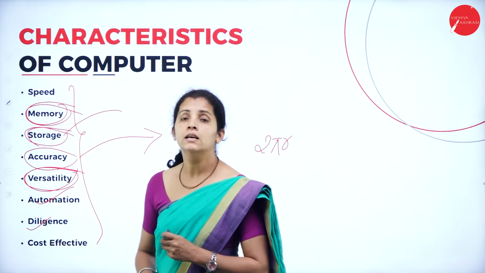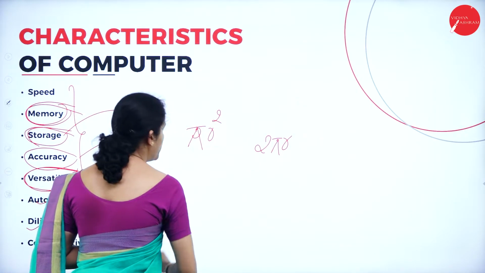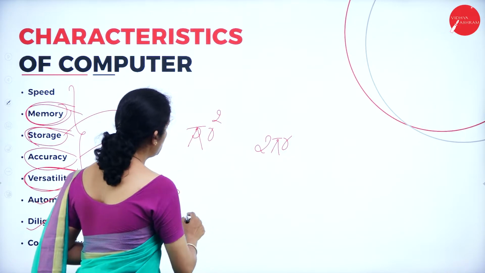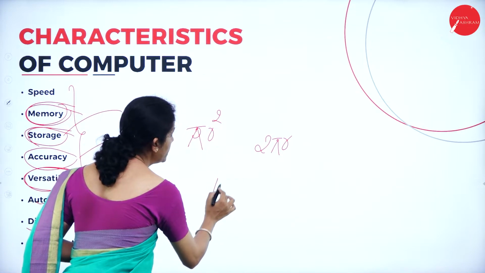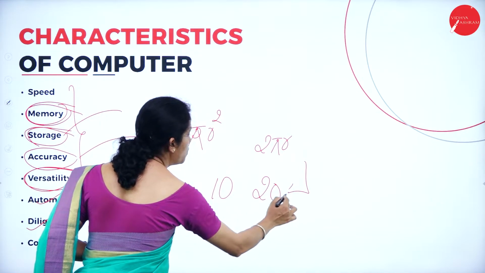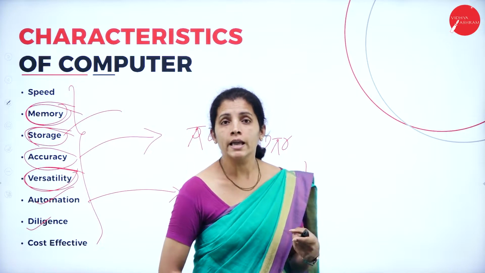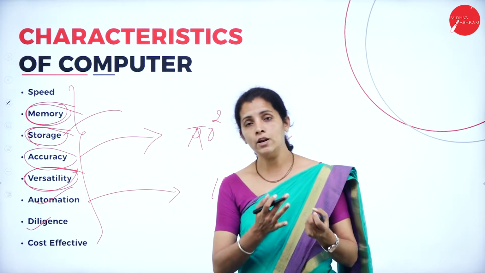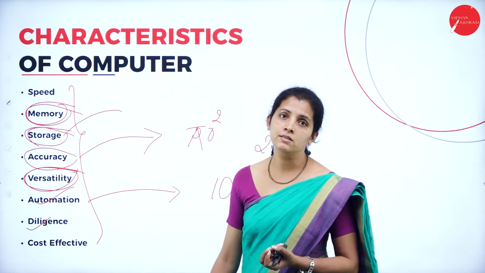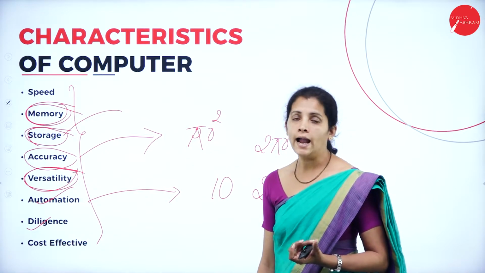For example, suppose I want to perform an addition operation, then with a computer system, what I want to do is provide the input, say 10 and 20. After that, I just press enter. But if I go with manual calculation, then manually I have to perform the calculation. But with the computer system, it is automation. That means all the work is done automatically.